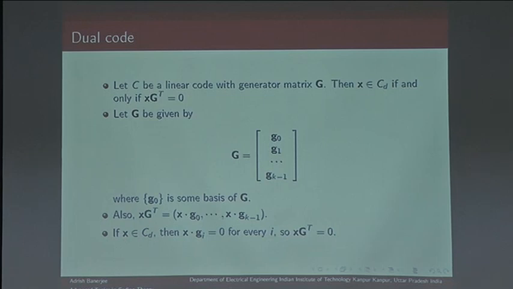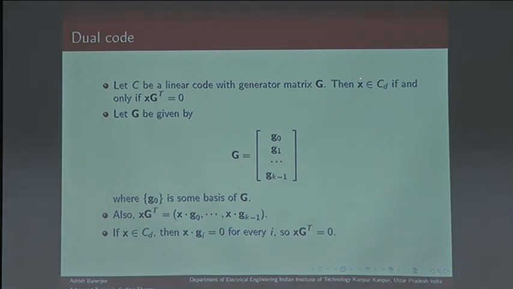Again, I will just repeat this statement. Wherever you see this kind of thing, if and only if, it means basically it holds both ways. So when you are asked to prove a theorem, let's say in this case it says if C is a linear code with generator matrix G, then X belongs to the dual code if and only if X G transpose is 0, it means two things.